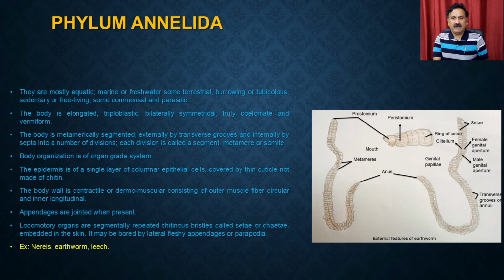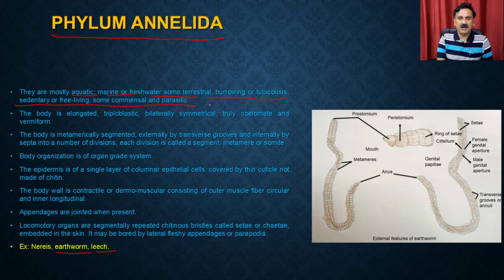So phylum Annelida, these are the earthworm and the leech, right? They are mostly aquatic, marine or freshwater. Some are terrestrial, burrowing and tubicolous, sedentary or free living. Some are commensal and some are parasitic. This means a huge variety of organisms are present within the phylum Annelida.